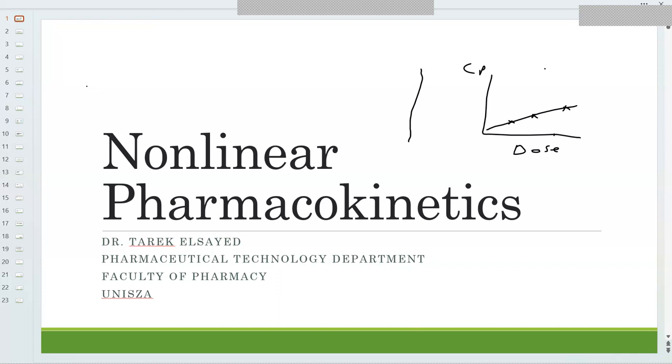And if you remember, we mentioned that all the time in linear pharmacokinetic model, elimination was first order elimination, right? So you remember these two things. When it comes to linear pharmacokinetics, elimination is first order.